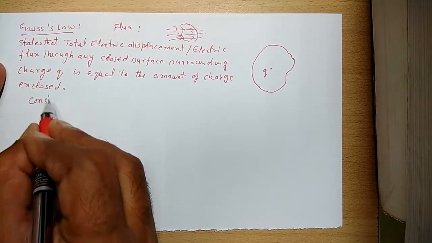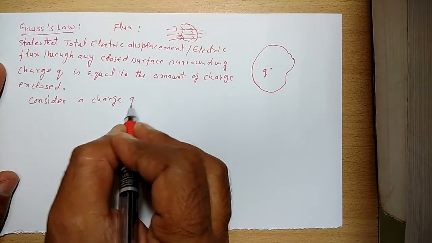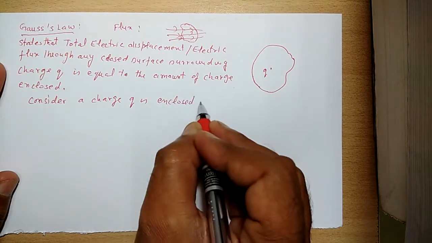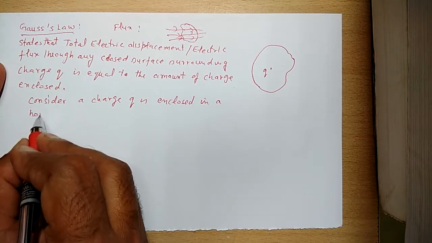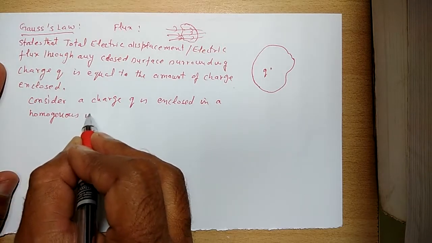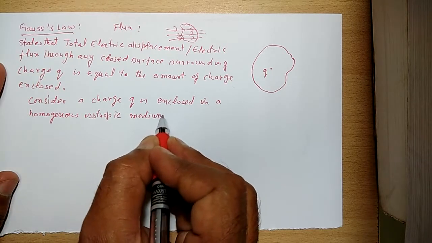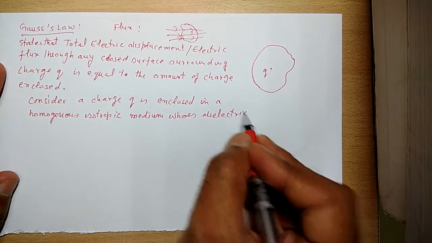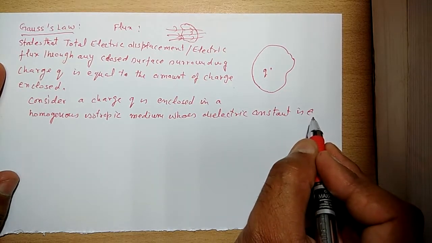That is, charge Q is enclosed in a homogeneous isotropic medium whose dielectric constant is epsilon.